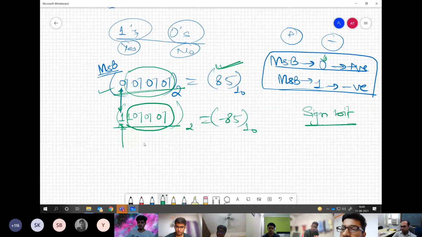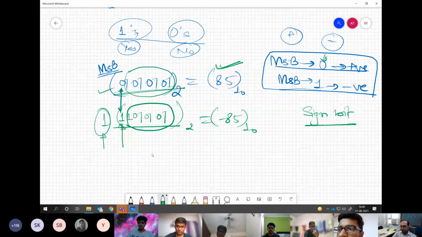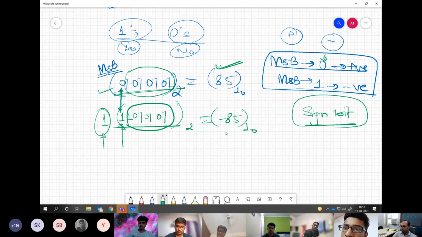That we call a sign bit. If sometimes we don't have sufficient bits to represent the negative number, we add another, extra bit over there, and that we call as sign bit. There are only two options. So that is how it is given, 0 for positive, 1 for negative, that's all. You need not confuse in that. Clear? Yes or no?